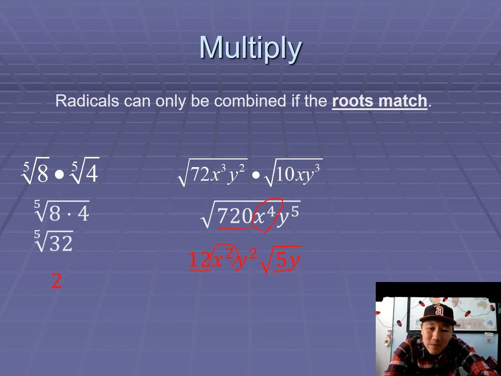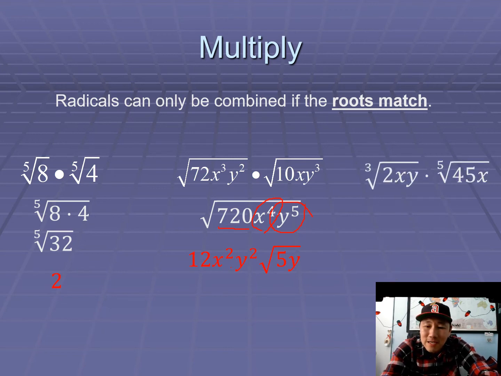And that's what happened. And then if you look for pairs for the y's, there's 2 pairs for the y's, so that's why that's y squared. And then there's 1 left over. We did simplifying last section, so that is a little bit of a review for simplifying as well, but that is our answer.